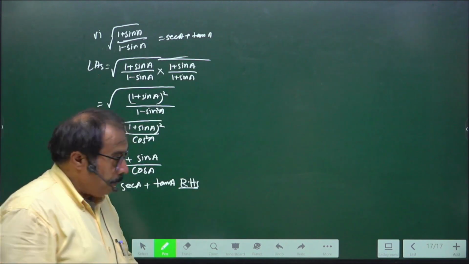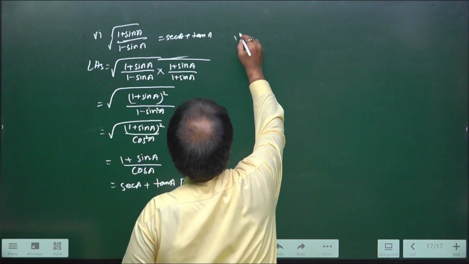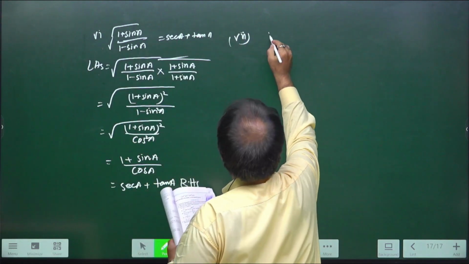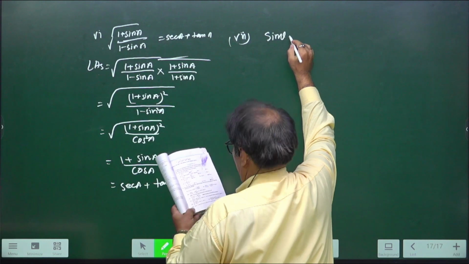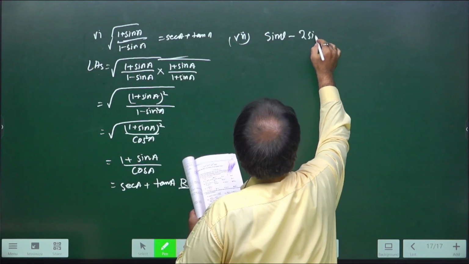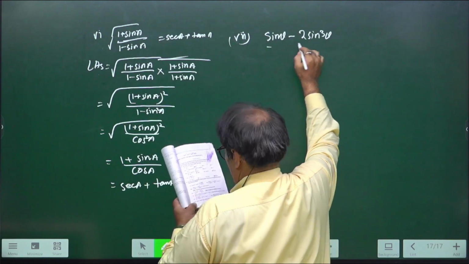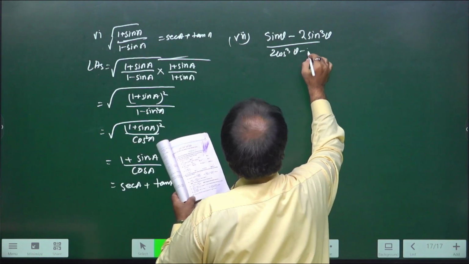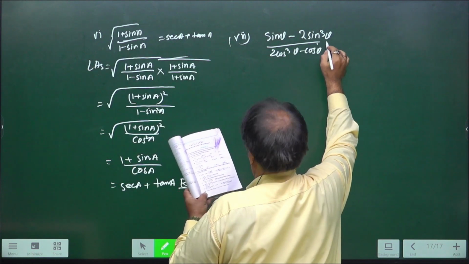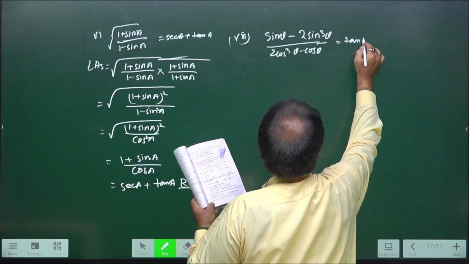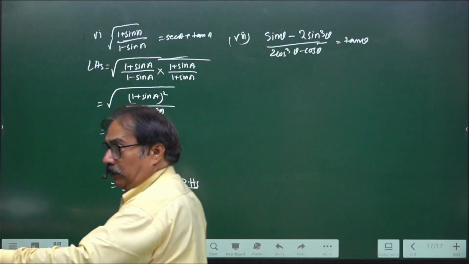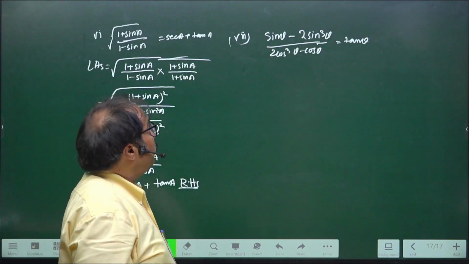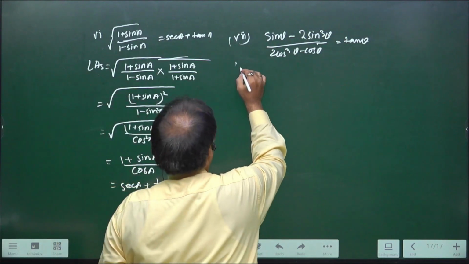Okay, now another question I am taking, the seventh part. The seventh part is (sin θ − 2 sin³ θ) divided by (2 cos³ θ − cos θ) is equal to tan θ. This is the question, right? So take the left hand side, LHS.